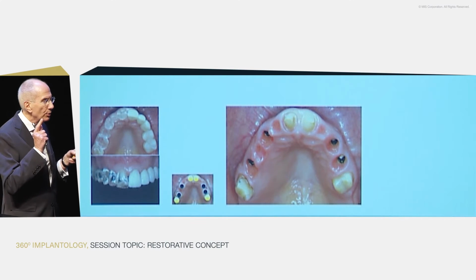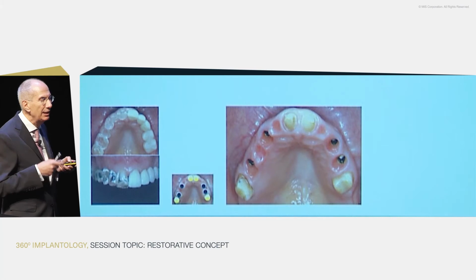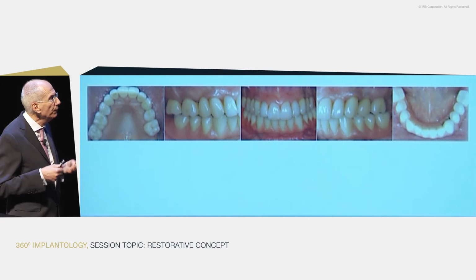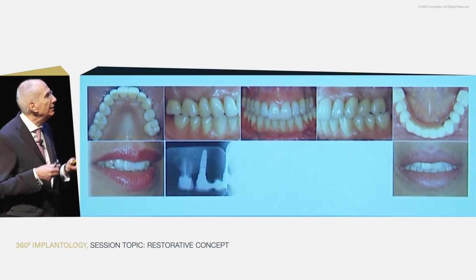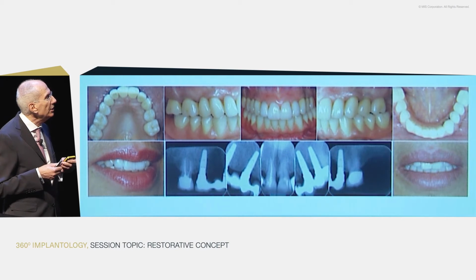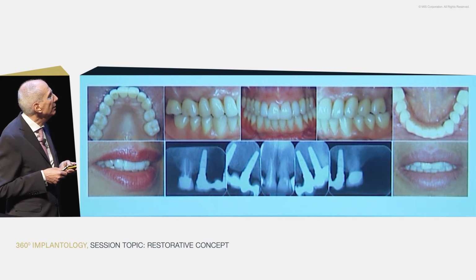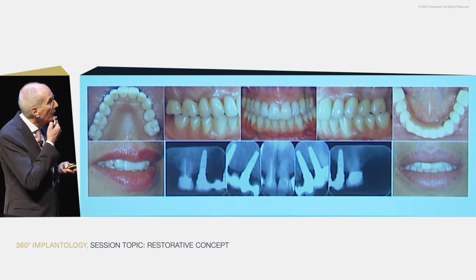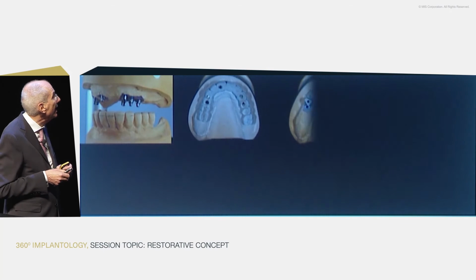The plan, or the aim, was to have a cantilever solution on both sides. And you see the combination of PFM, because of the cantilever, in the posterior region and full ceramic in the front teeth on their own teeth. I can't go into details further, it's just to show as an example.